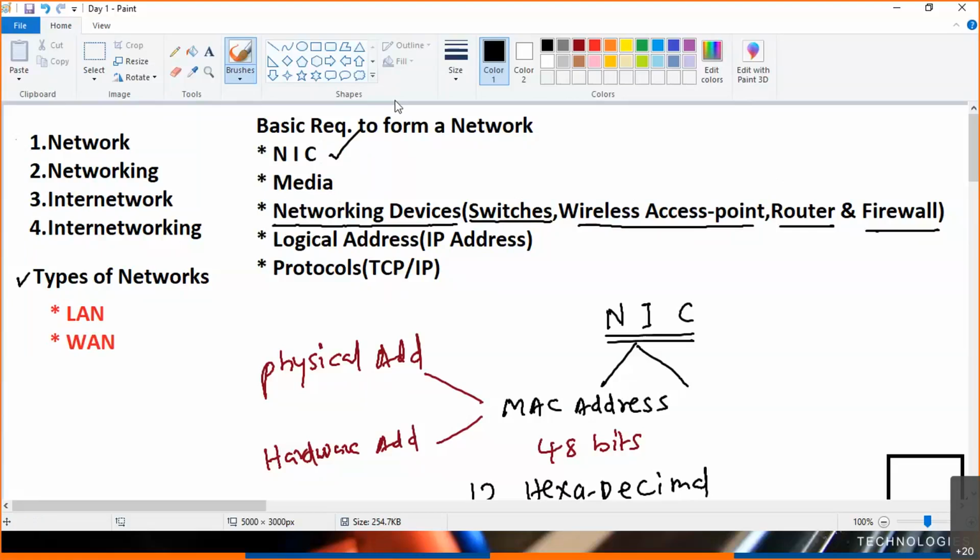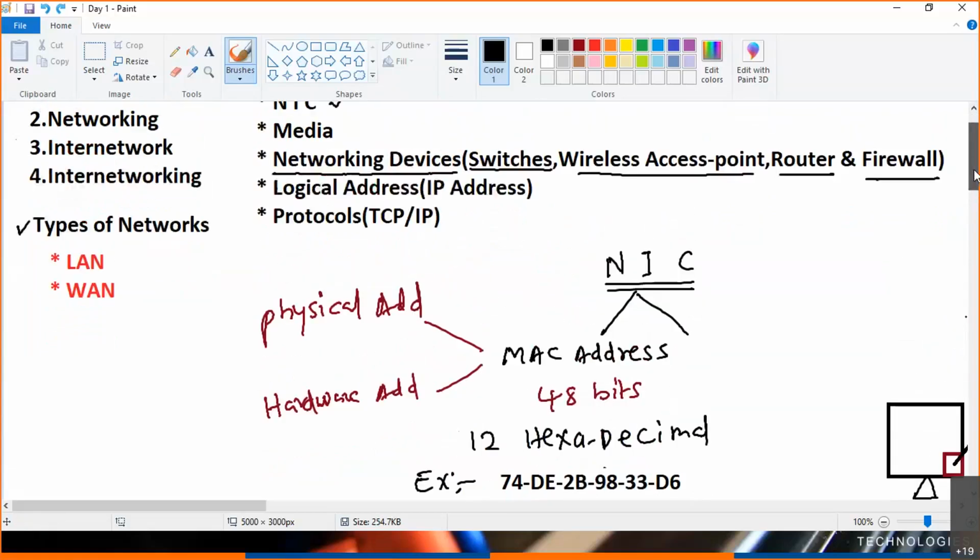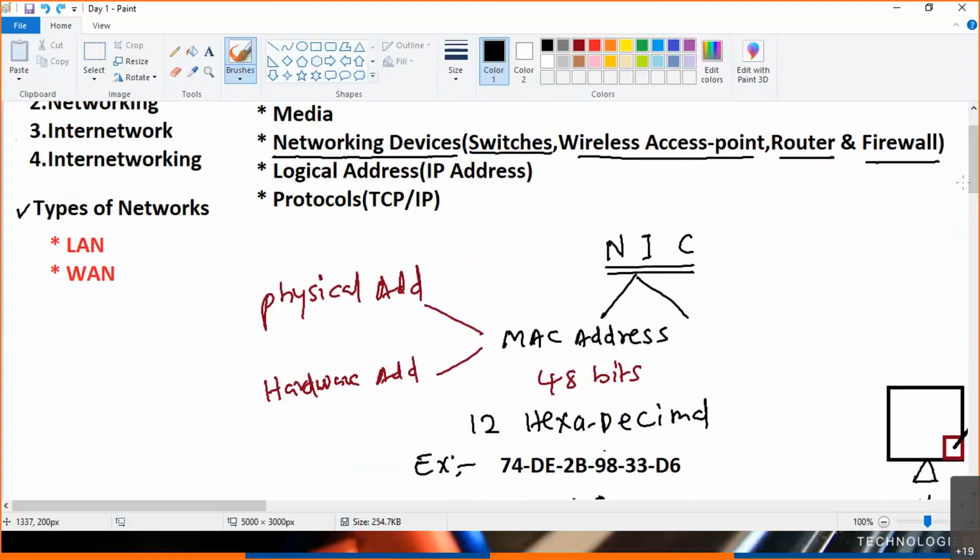MAC address is 48 bits, represented in 12 hexadecimal numbers. In the 48-bit MAC address, what do we call the first 24 bits? Organizational Unique Identifier, OUI, the Manufacturer ID.